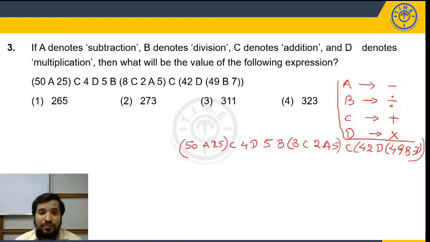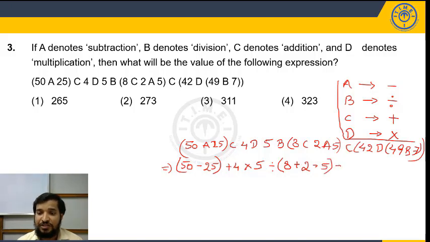Now first we'll replace the letters with the mathematical operations. 50 A denotes subtraction, so 50 minus 25. C denotes addition, 4, D denotes multiplication, 5, B denotes division, bracket open 8, C denotes addition, 2, A denotes subtraction, 5, bracket close.